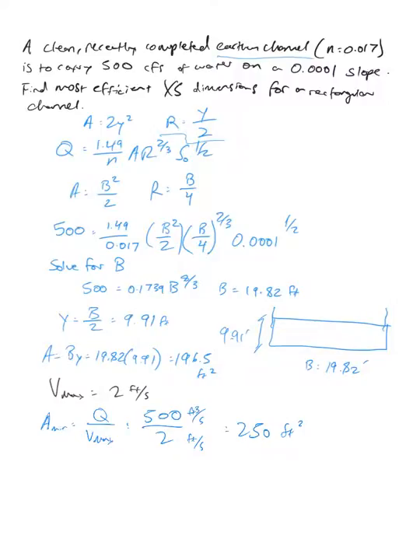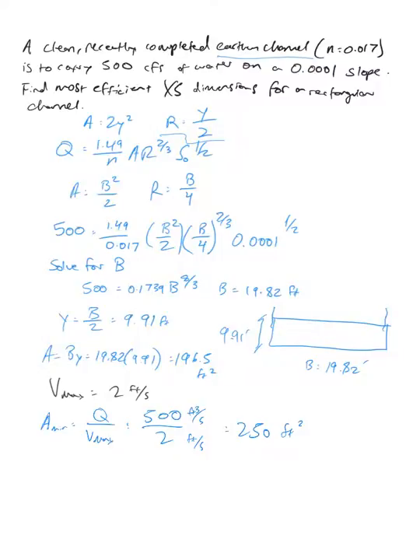So at this point, we basically need to constrain ourselves to that cross-sectional area of 250 feet squared and say if we're at 250 feet squared, then we've minimized our cross-sectional area, and we just need to calculate what the dimensions of the channel under that case would be.